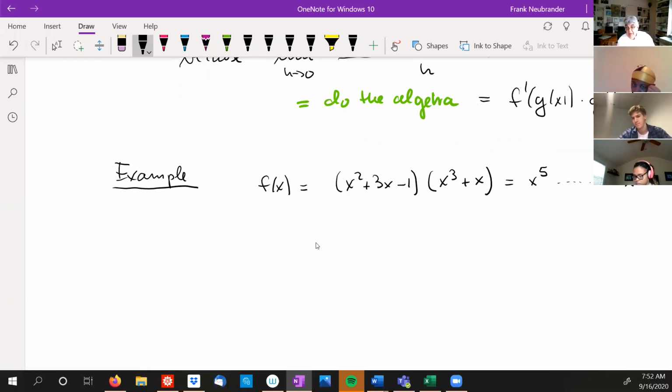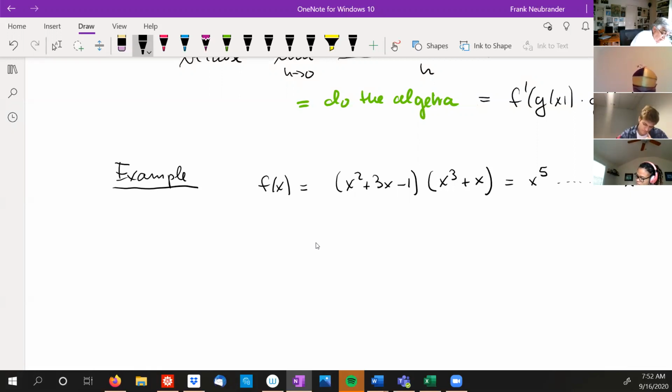So after you multiply everything out, you have a polynomial, and then you could use the power rule. Correct? But this is a lot of work, multiplying the things out. An alternative way would be to use the product rule.